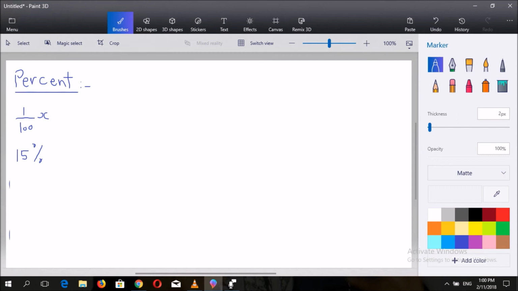How can we calculate the value of x such that this equation is satisfied? If you would like to read this, you say that the ratio of x to 49 is the same as the ratio of 3 to 21. So this equation can be read in the form of ratios.